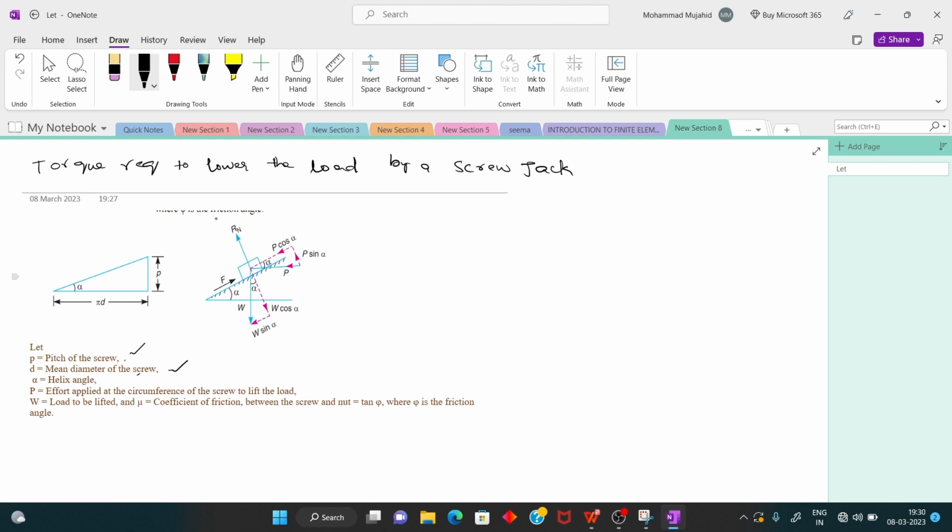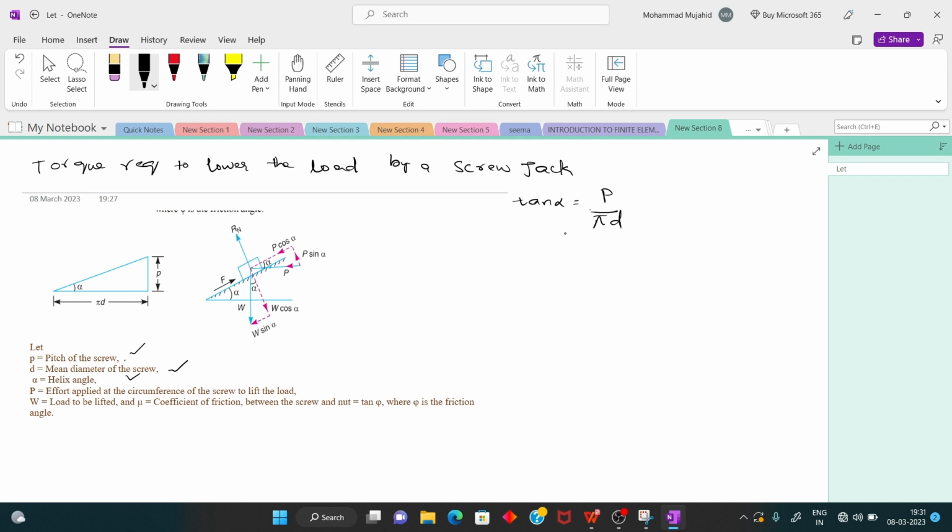From the geometry, you can observe here, you can find that tan alpha equals p by pi d.